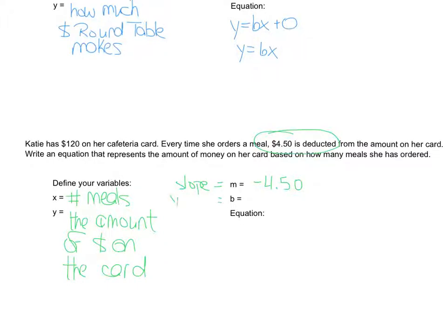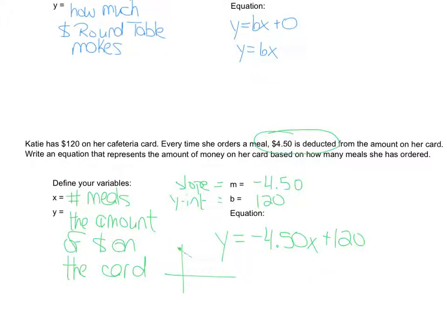And then the y-intercept would be how much money did she start with on the card? Well, she started with $120. So if we're going to write this in slope-intercept form, we're going to say y equals, the slope is negative 4.50x, and she started with $120. So think about this. This is just sort of extra. If we were to graph this line, she's starting at $120.